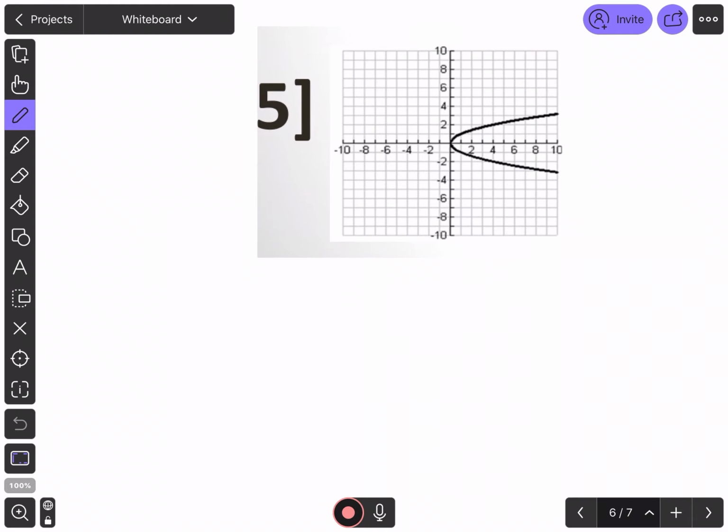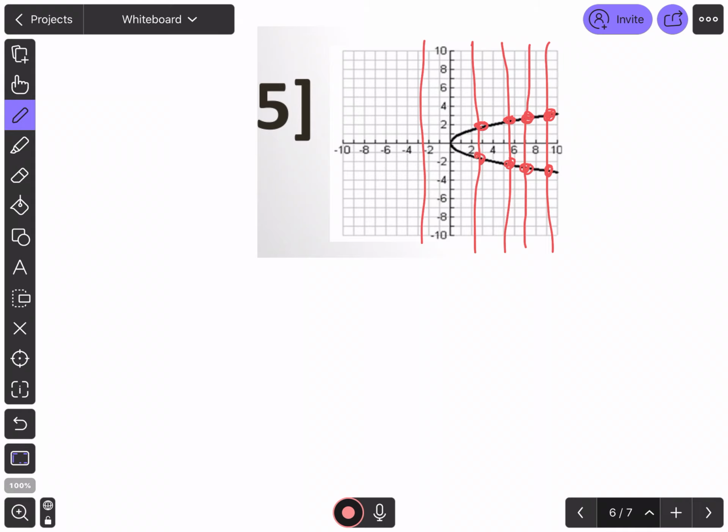With graphs, we do a test. This test is called the vertical line test. Vertical means up and down. We need to draw a vertical line through the graph to see if it touches the graph more than once. So, I like to draw more than one vertical line because it's good to test it in different places. As you can see, this vertical line touches the graph more than one time in multiple places.